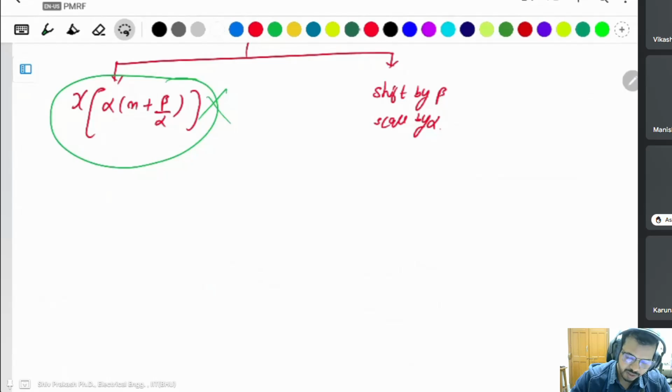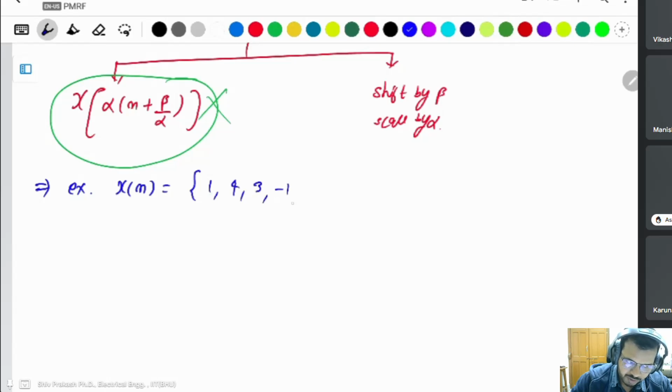Suppose I have taken a question. Example, x(n) is equal to, suppose, 1, 4, 3, minus 1, 2, minus 3 and 4, and 0 is marked at 2. The positions are 0, 1, 2, minus 1, minus 2, minus 3, minus 4.